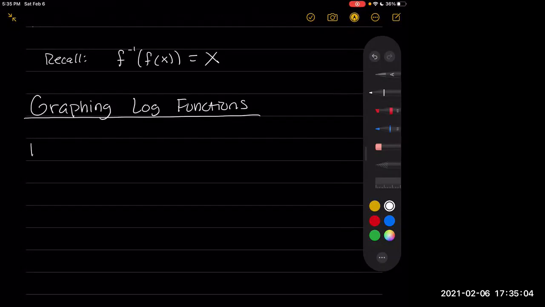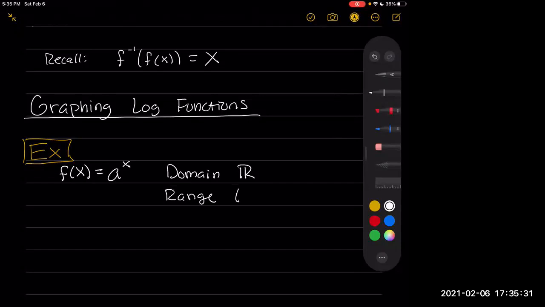So for example, if we have f of x equals a to the x, this has domain all of R, or all of the real numbers, and range all of the positive numbers.